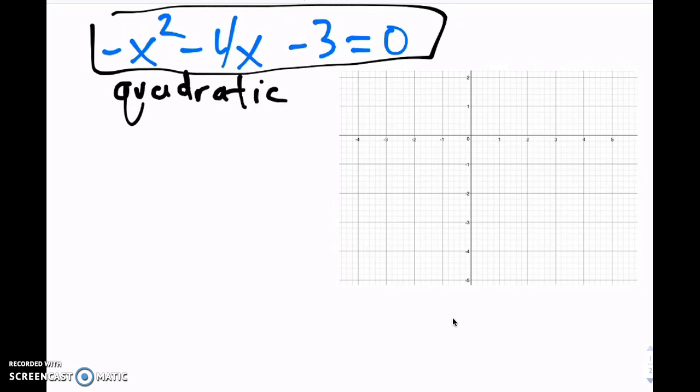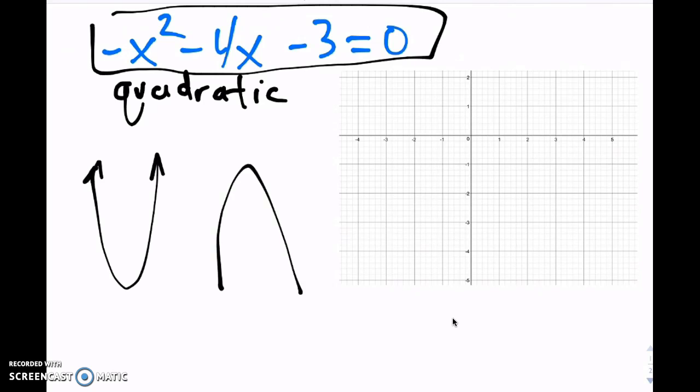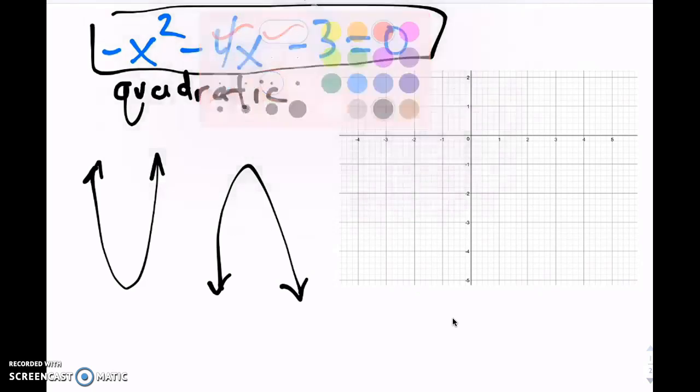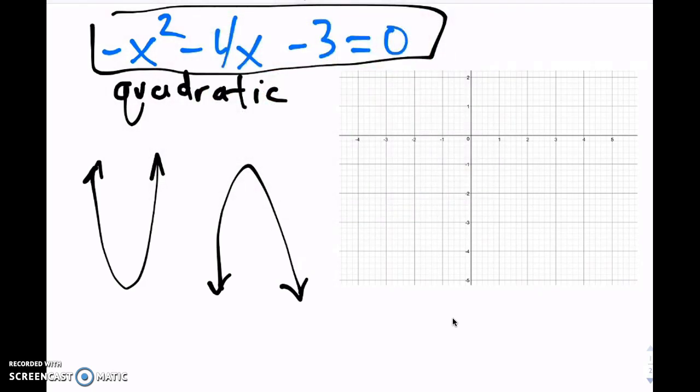In order to see what numbers make this thing equal 0, hopefully you can remember a quadratic equation might look like this, or it might look like this. Which one are we looking at here? Is this one going to be an upward U or a downward U? Hopefully you said out loud, it's going to be downward because it's negative. So we know this thing on our graph is going to look something like that.